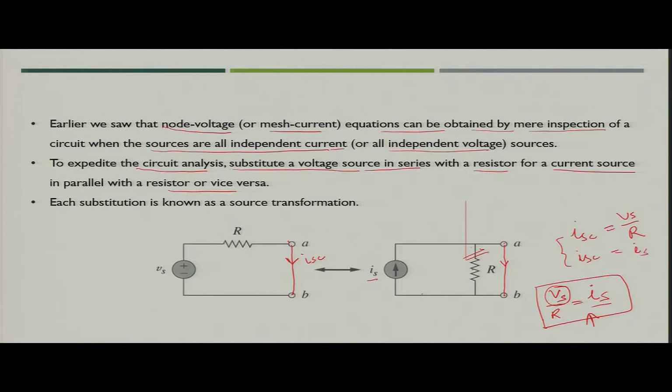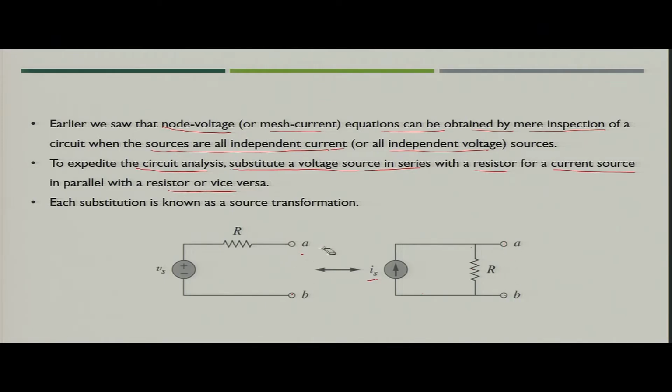Now, instead of short circuit, suppose you verify the same concept with the open circuit, because short circuit and open circuit are both characteristics of the circuit. In case of open circuit, what would be the open circuit voltage across A and B?